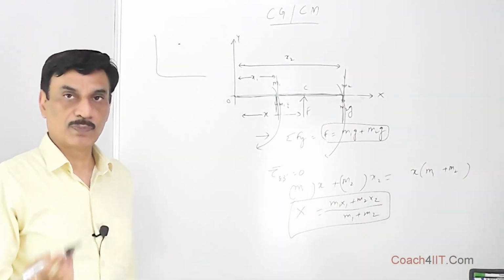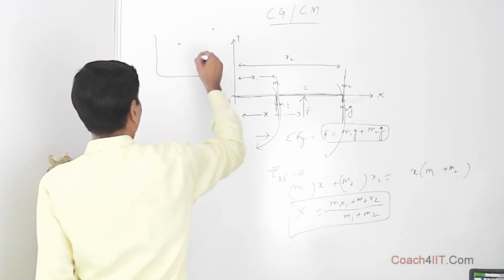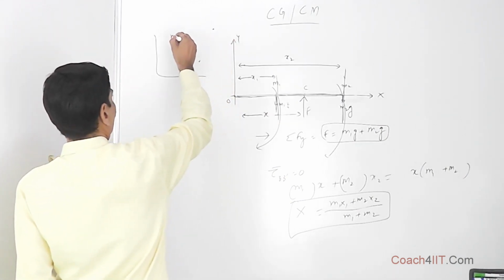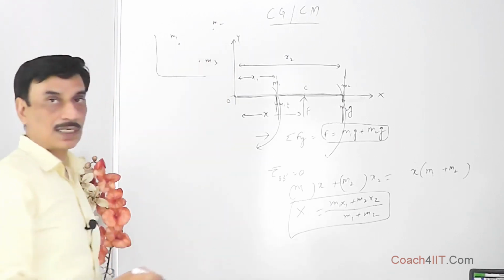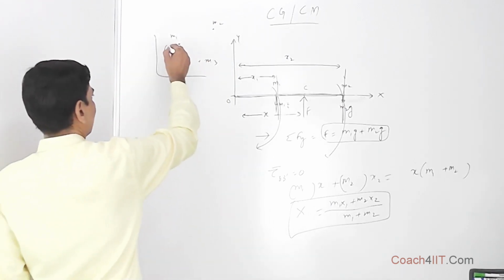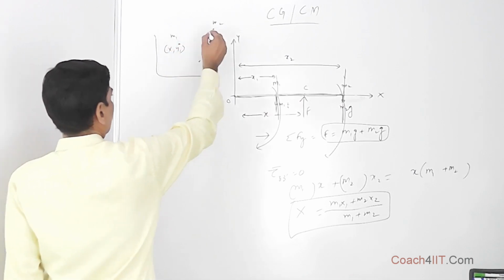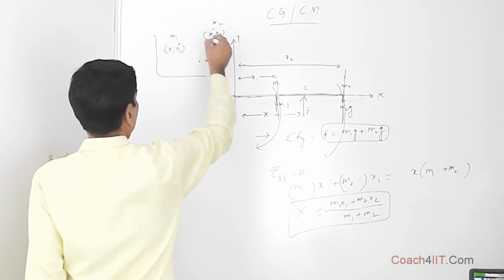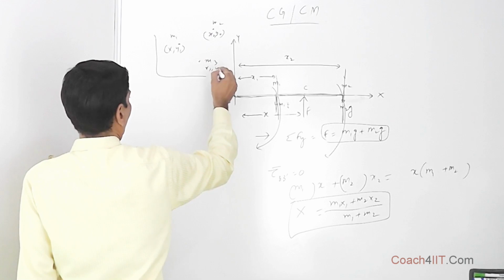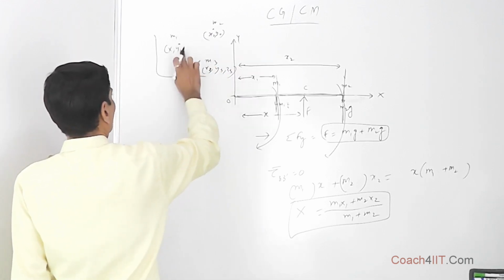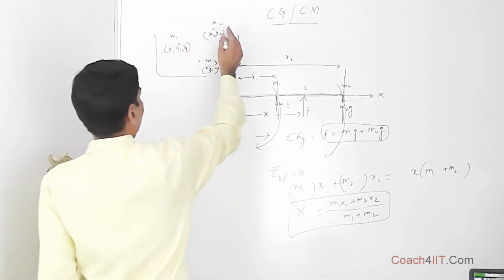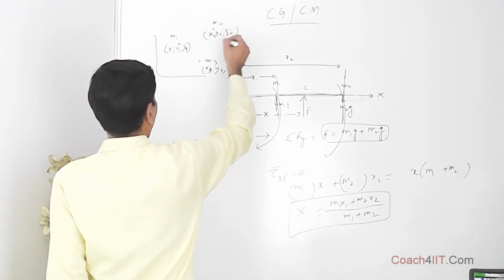Similarly, if you have a system of more than two particles lying anywhere, let's say this is m1, this is m2, this is m3. These three particles have their respective coordinates x1, y1, x2, y2 and x3, y3, or we can have a z also: x1, y1, z1, x2, y2, z2, and so on.